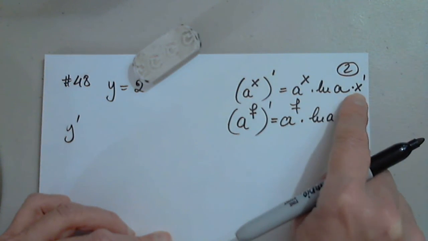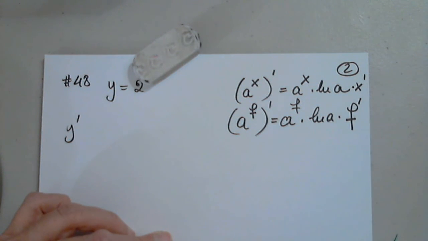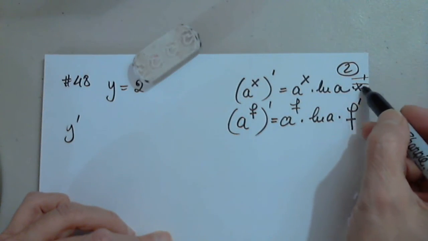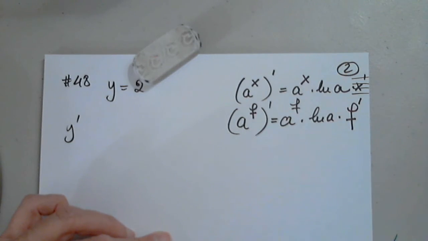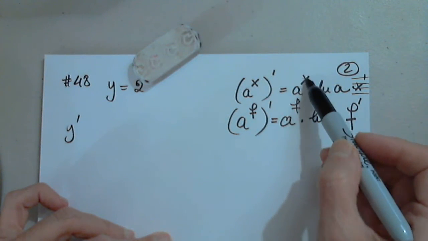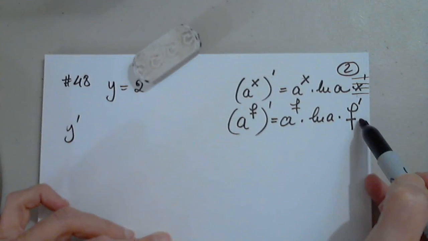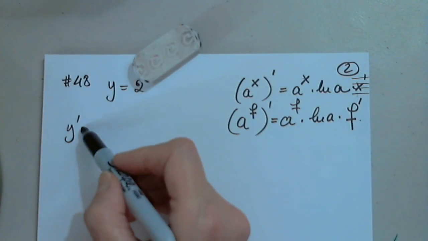But how come I don't write x prime here? Because that equals 1. It's not a mistake to write it, but then you have to write it again with 1. So if this is a function, then this will be a function, and this will be the function prime. So coming back to our example.